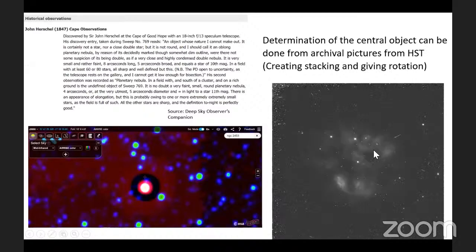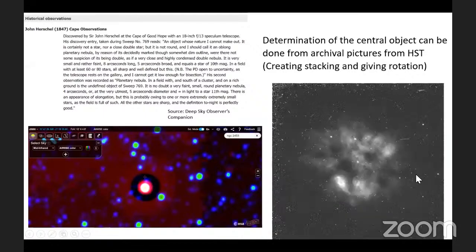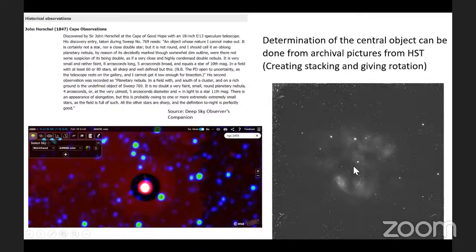So what I have done here is to club all the three filters of Hubble Space data, and did a stacking and gave a bit of rotation to see which is the main central system compared to all the other stars which are maybe in front or lying around. So I assume that this is, and we will see why.